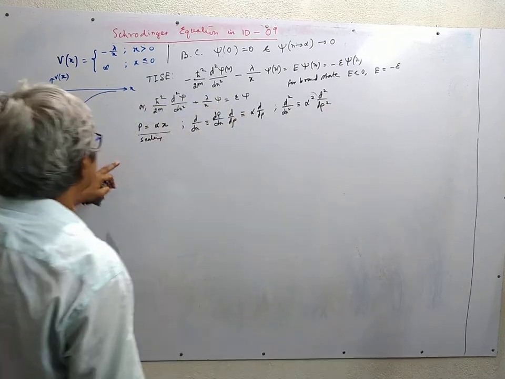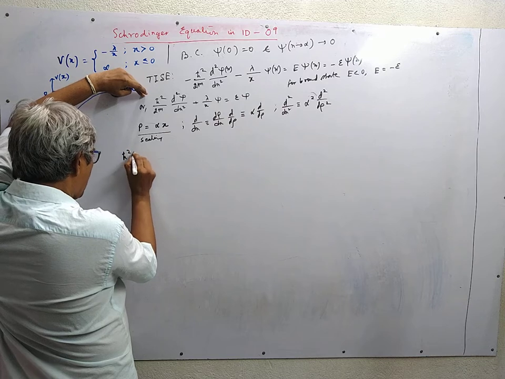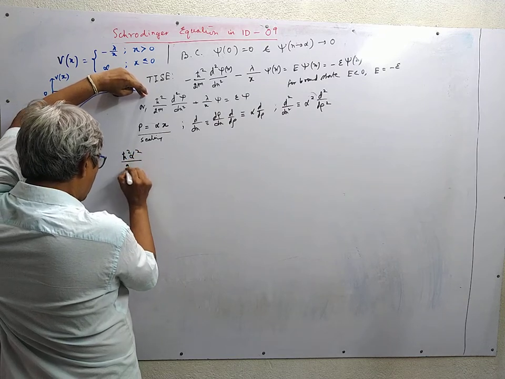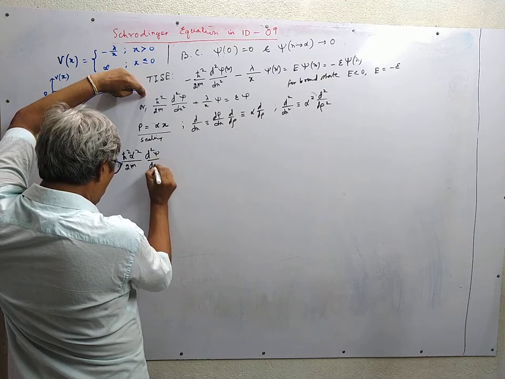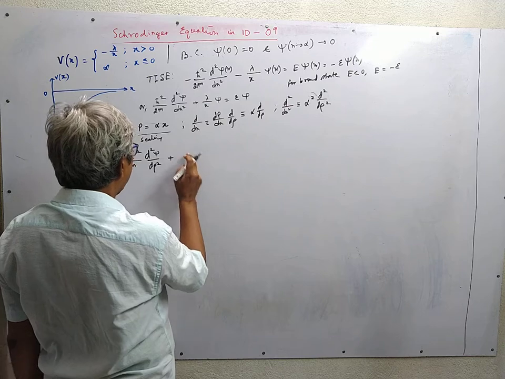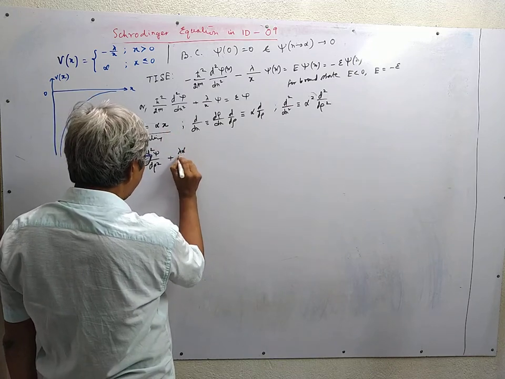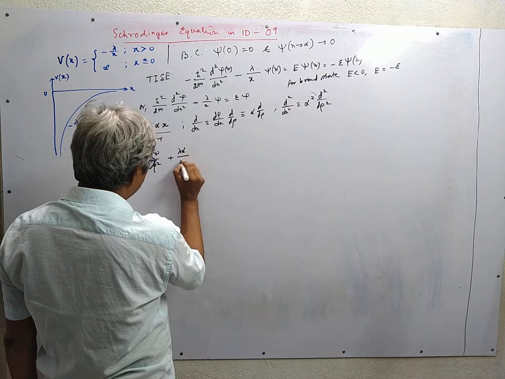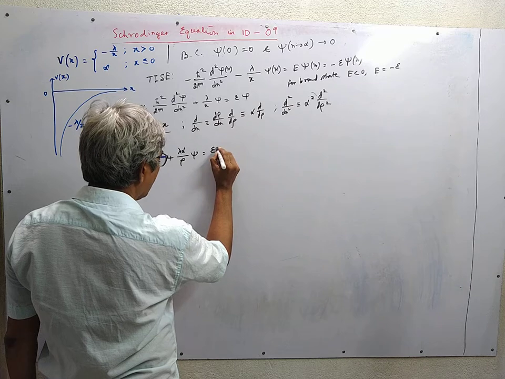So if we plug this in this equation, we will have h bar square alpha square by twice m d2 psi d rho 2 plus lambda alpha by rho psi, since x is rho by alpha, is equal to epsilon psi.